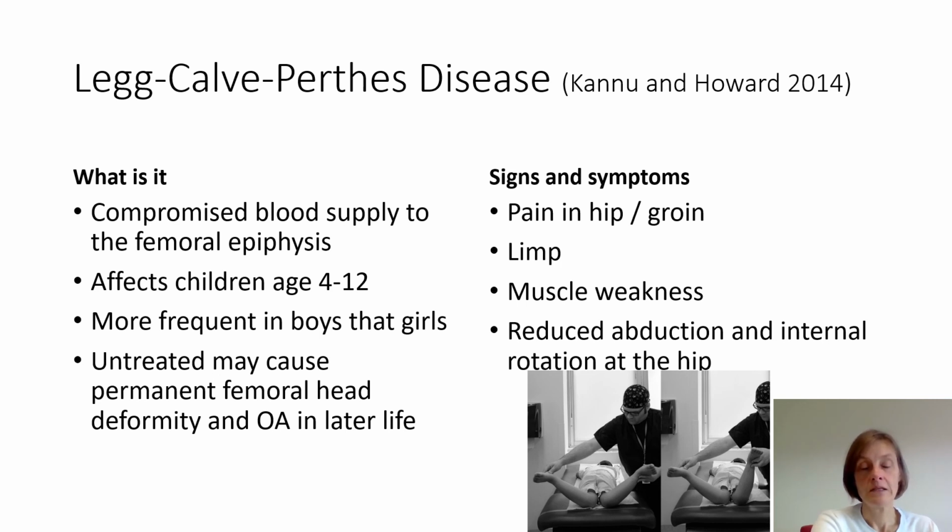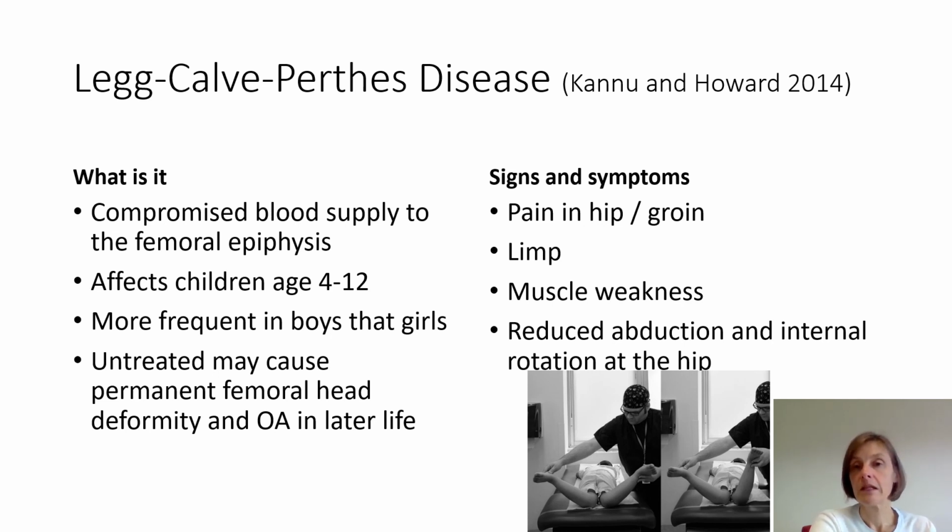It often begins in children aged 4 to 12, but that's just a rough estimate, and is thought to be 3 to 4 times more common in boys than girls. Untreated, it may cause a permanent femoral head deformity and subsequently lead to osteoarthritis in later life. So you may see older people who still have that diagnosis, but that's not because it's particularly active now, but because it caused femoral head deformity in early life, which has now led to OA.